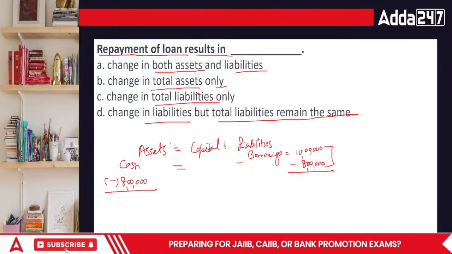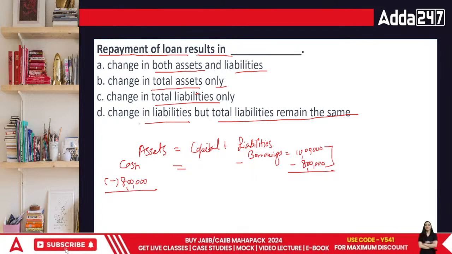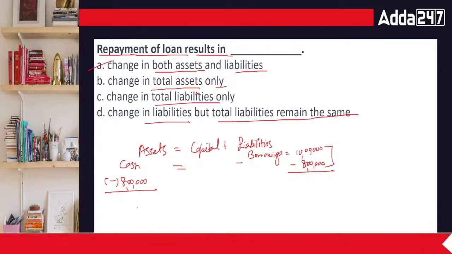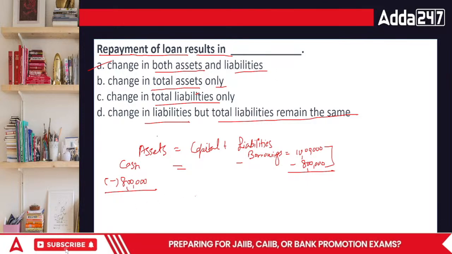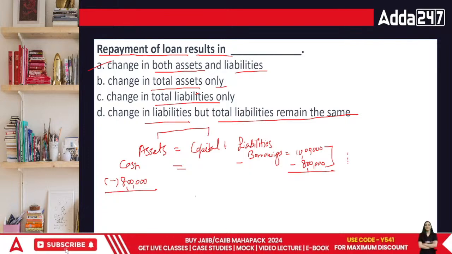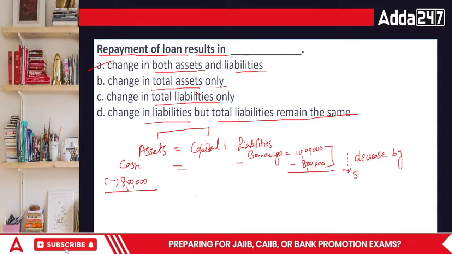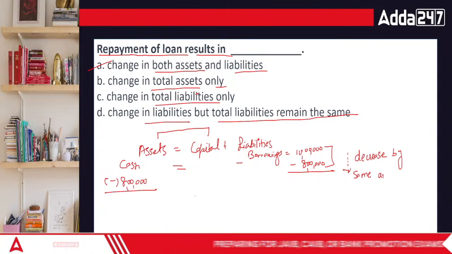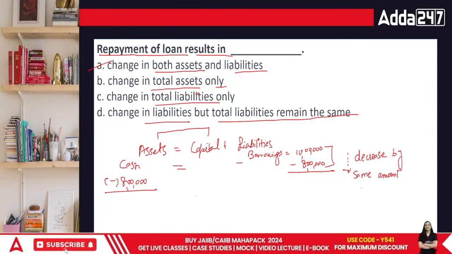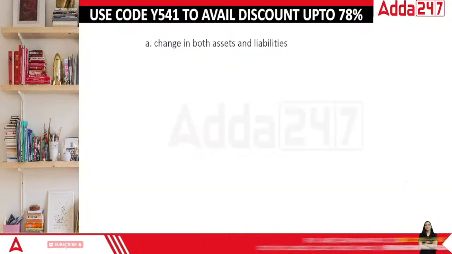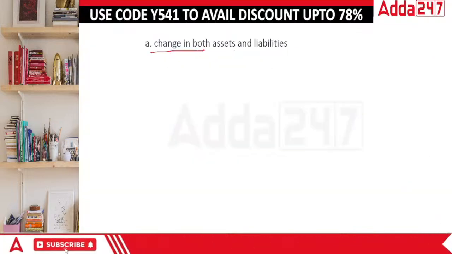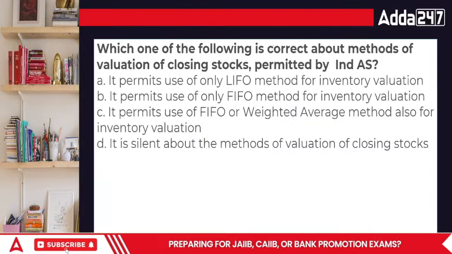So technically, it is both assets and liabilities. And ultimately, the LHS is still equal to RHS. Assets is still equal to capital plus liabilities because both the sides have gone down by the same amount. Done. So the answer is change in both assets and liabilities.